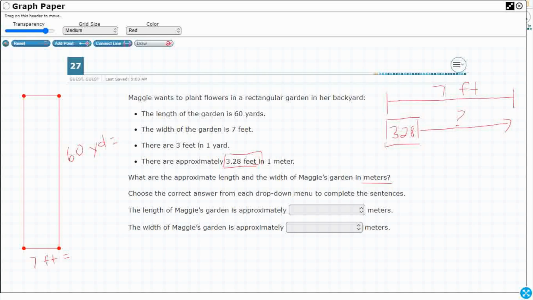I mean, we could divide, but really we can eyeball that as well, because if I take my 3.28 and I double it, what's that going to get me? That's going to get me 6.56. And I only have 7 feet altogether, so it's going to be 2 something. I can get 2 and maybe a little bit more.